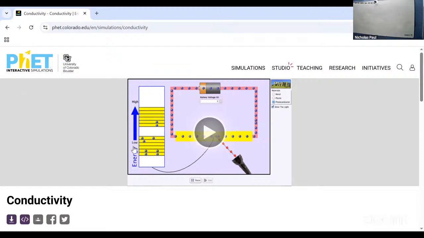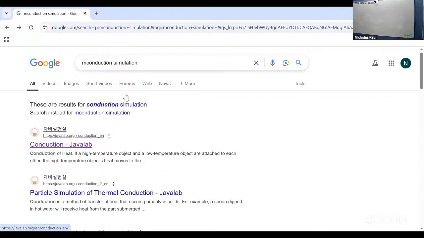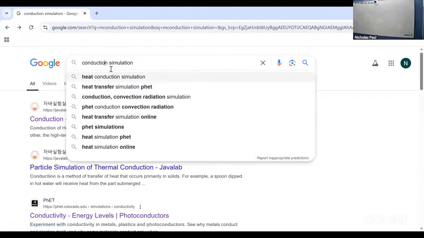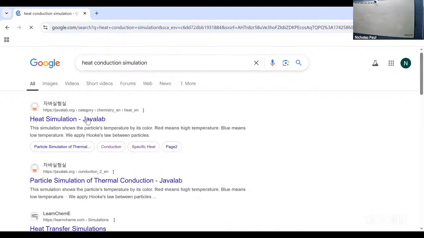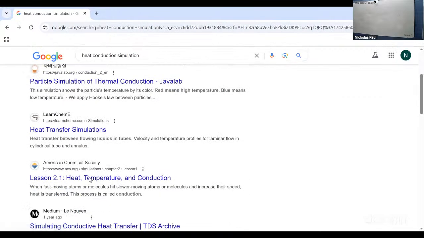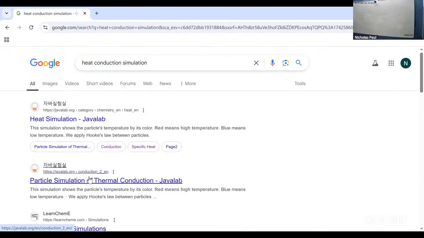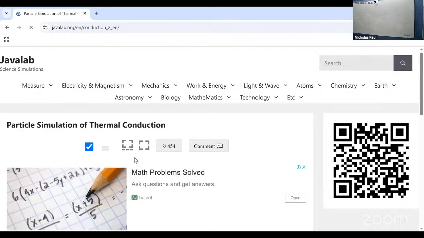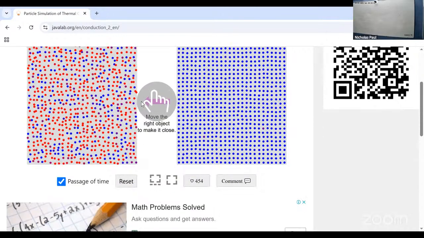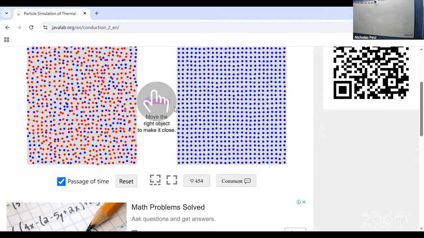Conduction of heat. Anyway, I'm not seeing the one I want.